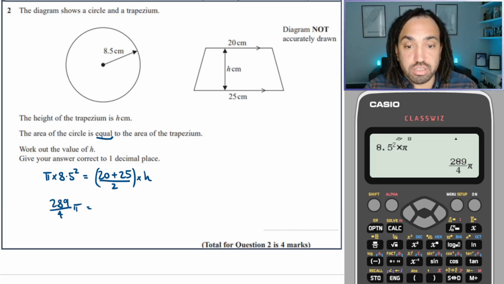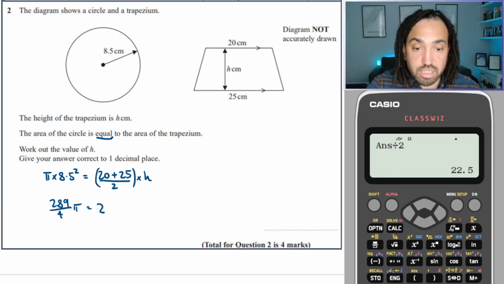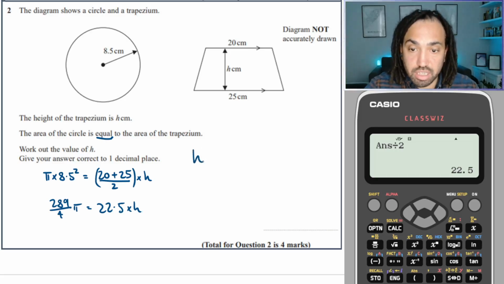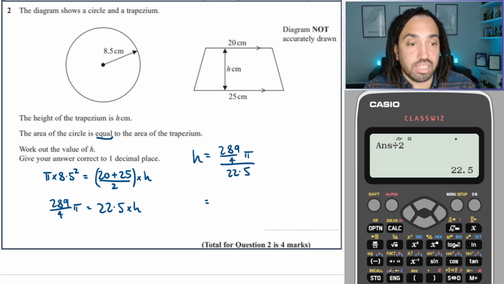And then let's work out what this is when I add those two together and then divide by 2, and that is 22.5 times h. And then we can do that h is equal to this divided by 22.5. And that's a good amount of working shown.